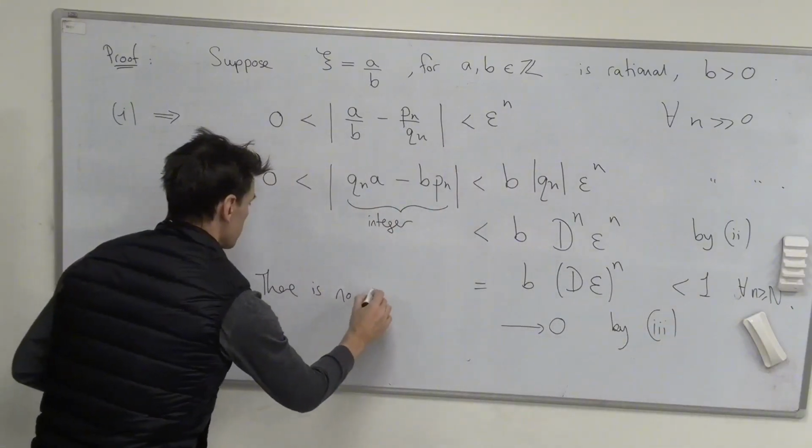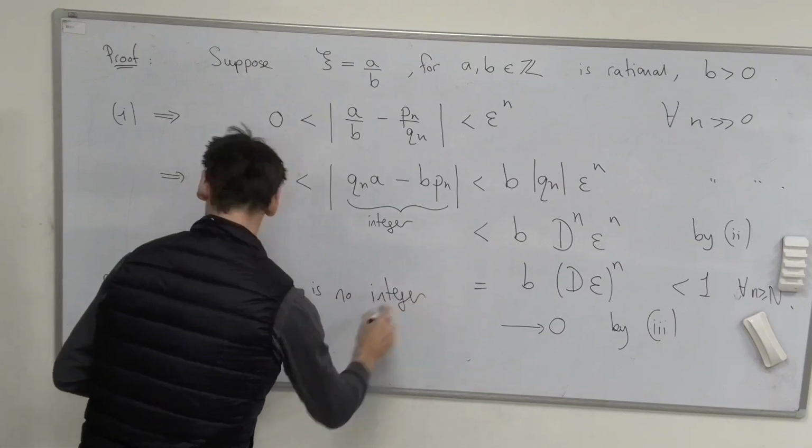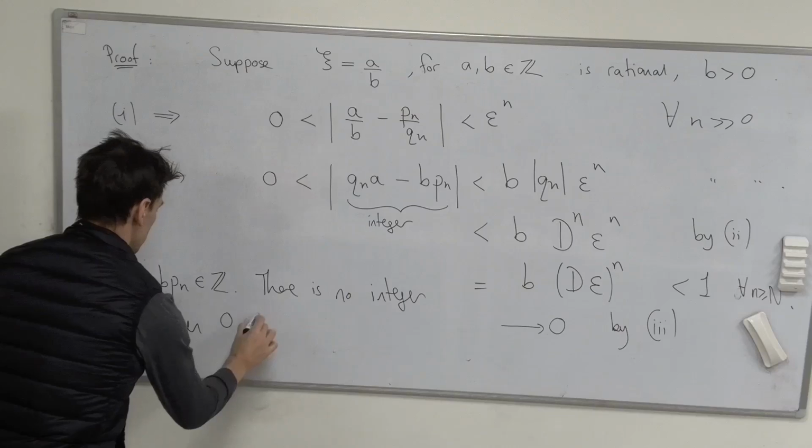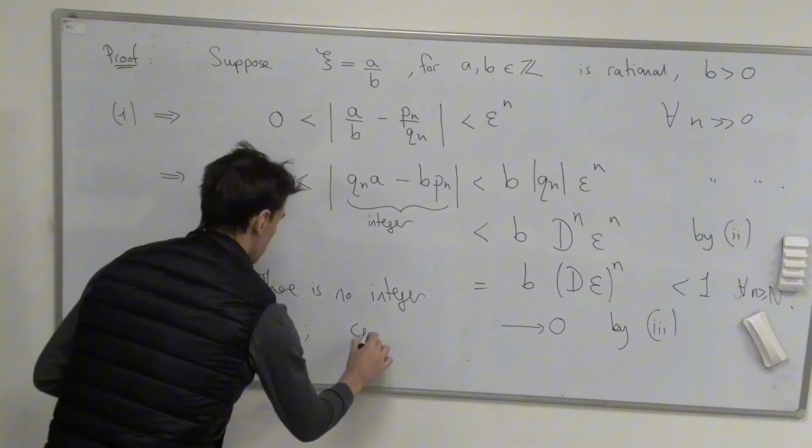There is no such integer between 0 and 1. Contradiction.